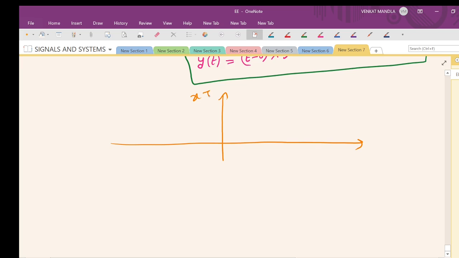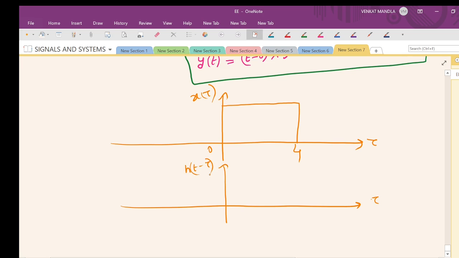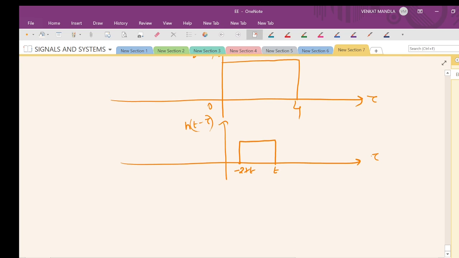This is x(tau), exists from 0 to 4, h(t minus tau), this exists from minus 2 plus t to t. Okay, now we are multiplying these two.